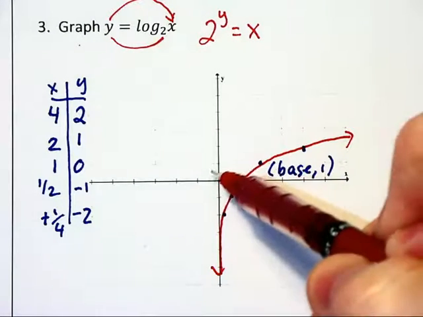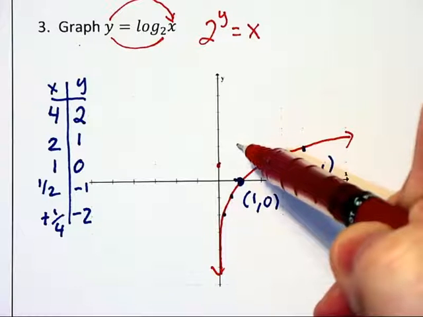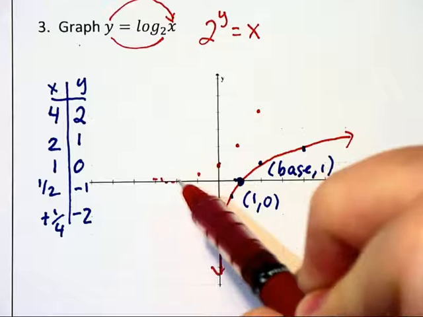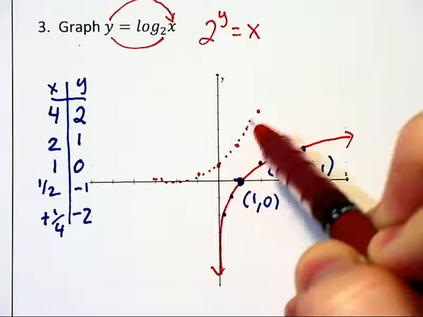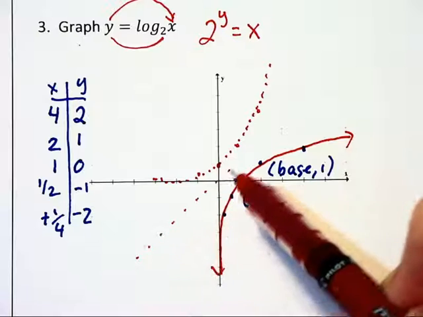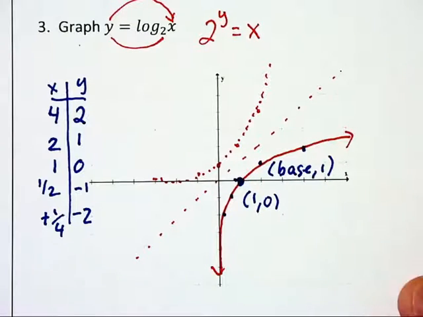Previously, we had an exponential graph going through these points here, and if you take a look at this closely, aren't these graphs reflections across the diagonal line y equals x? And isn't that one of the properties of inverses?